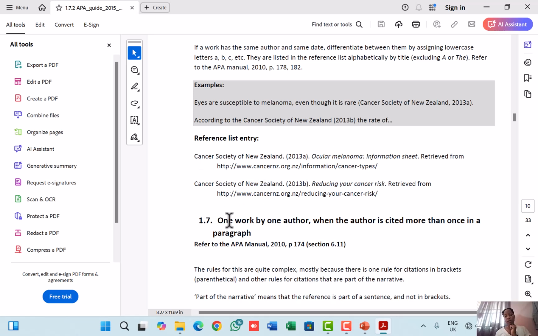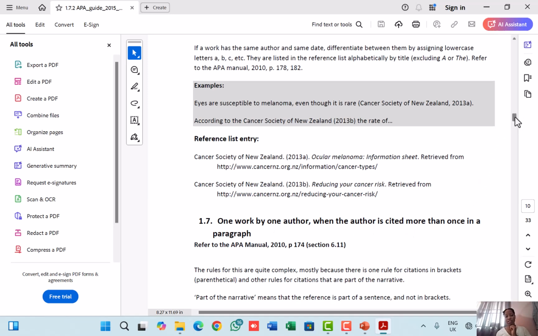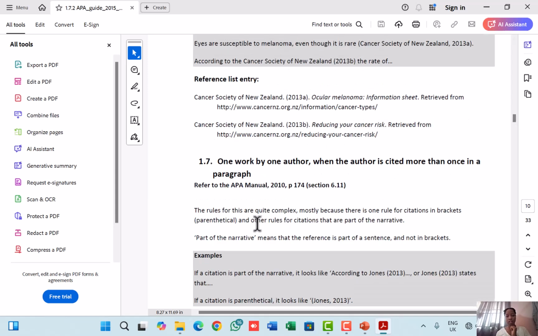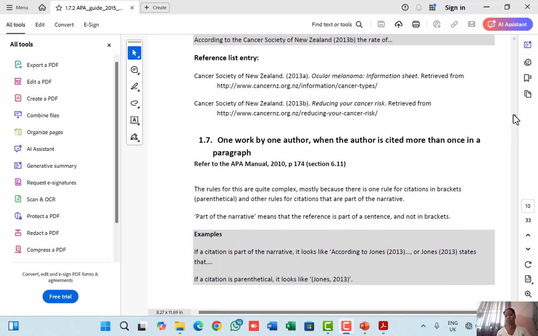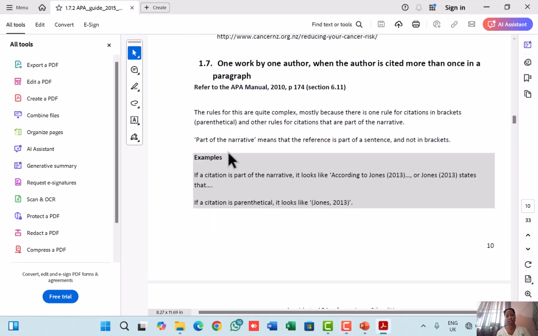Here we have one work by one author when the author is cited more than once in the paragraph. The rules for this case are quite complex, mostly because there is one rule for citation in brackets, that's parenthetical, and other rules for citations that are part of the narrative. For example, if a citation is part of the narrative, it looks like: according to Jones, or Jones (2013) states that.